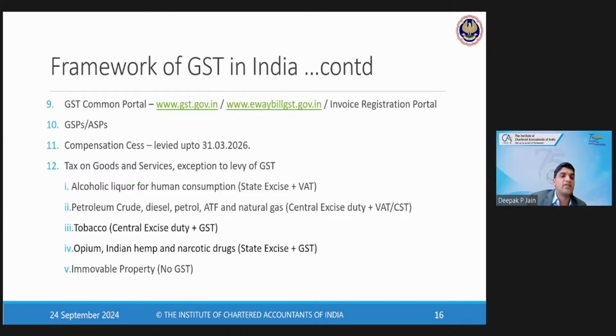Then this is very important: tax on goods and services, exceptions to the levy. So GST, one of the features is that tax is on goods and services. Exceptions to the levy of GST are also there. Generally, GST is levied on all goods and services, but on specified goods, it is exempted.